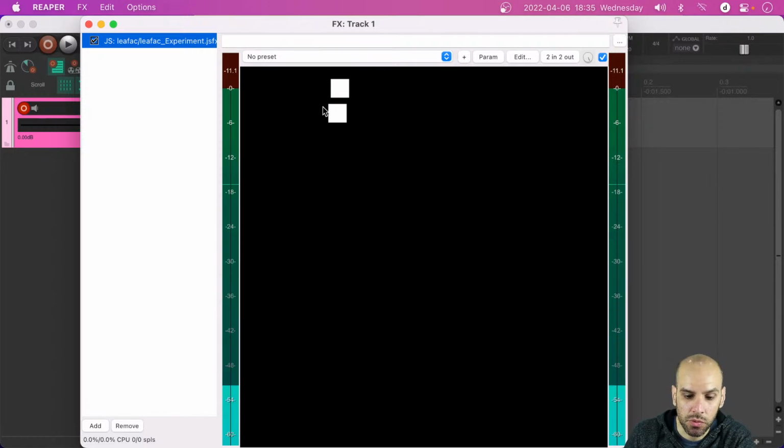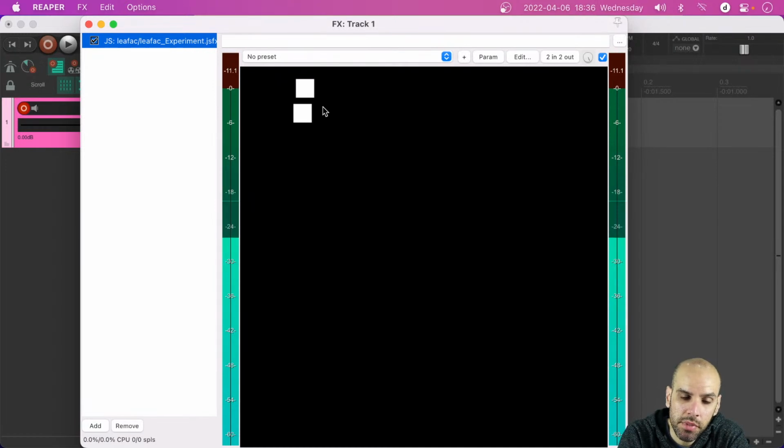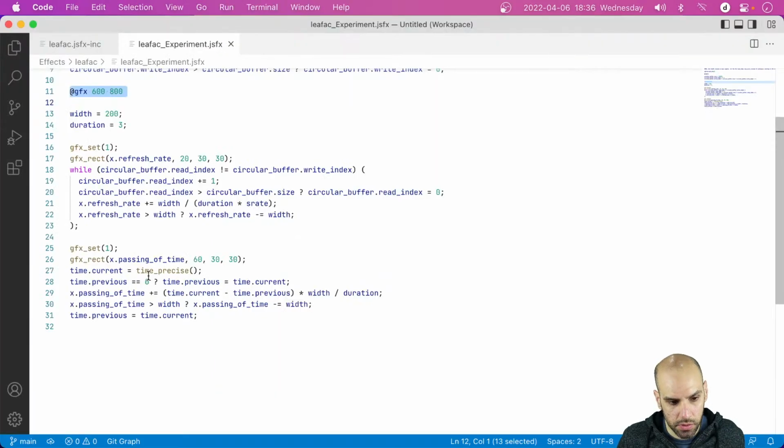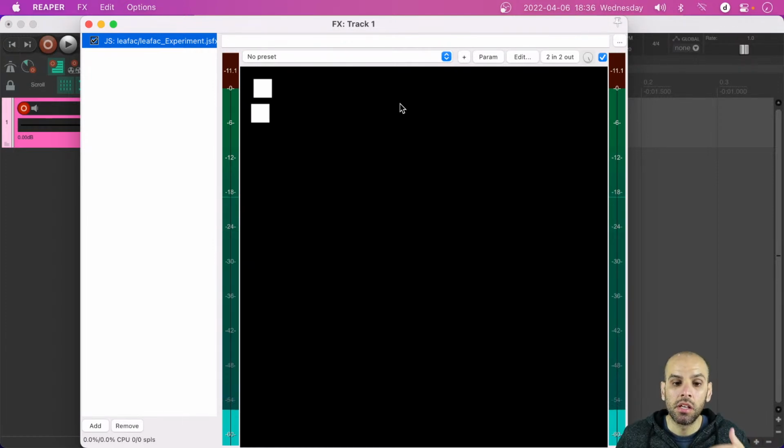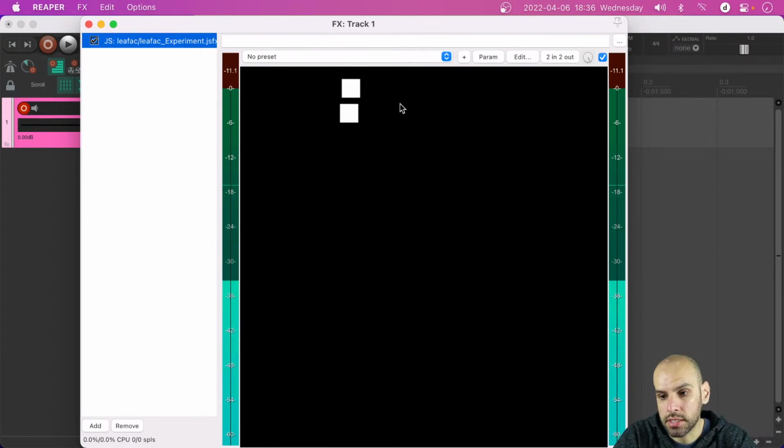The square below is also moving across the screen, but its movement is purely based on the time. So in the script here, we look at the time, and we see how much time has passed since the last frame, and then we move the square across.